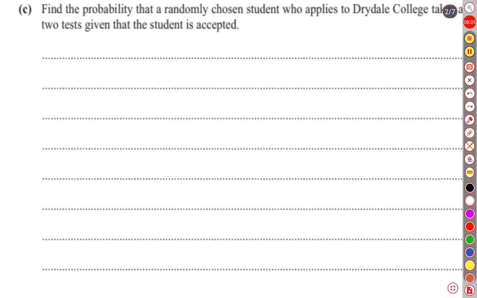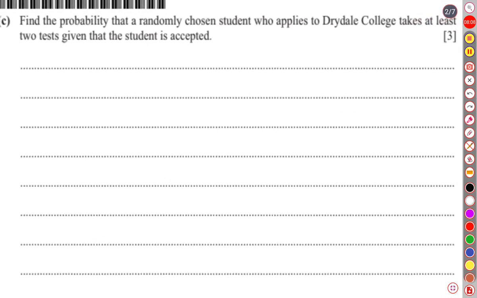So first of all, what will we find? We will find that he was accepted. If someone is accepted, the probability is written as 0.5125. So let us write the probability of acceptance.